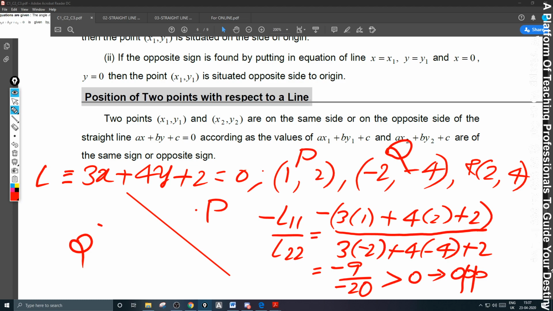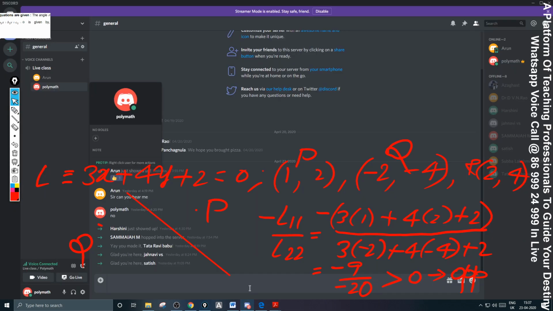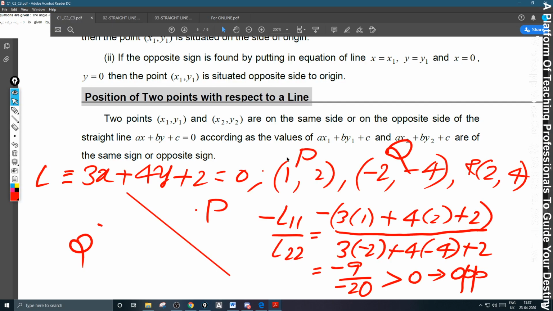Tell me what happens to the ratio then? Arun? Yes, Arun. What happens?